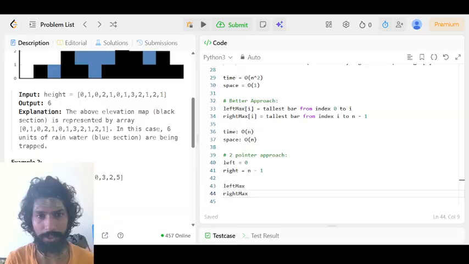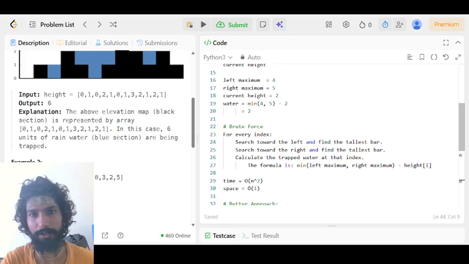The important observation is when the left bar is shorter than the right bar, the amount of water at that left position depends only on left max. Why? Because the right side already has a bar at least as tall as the current left bar.